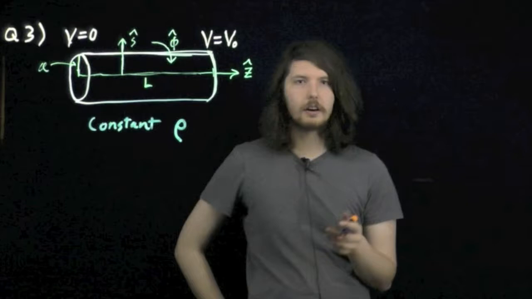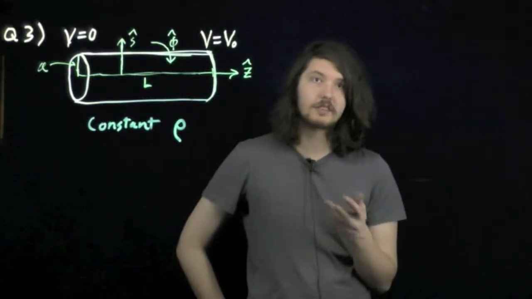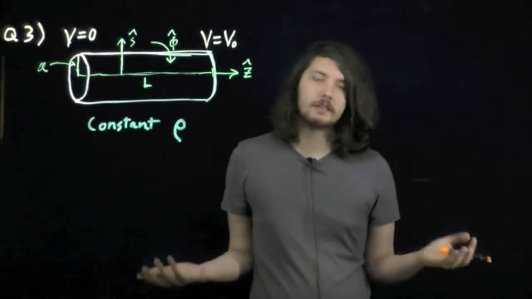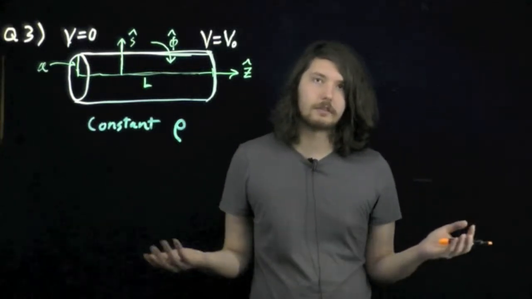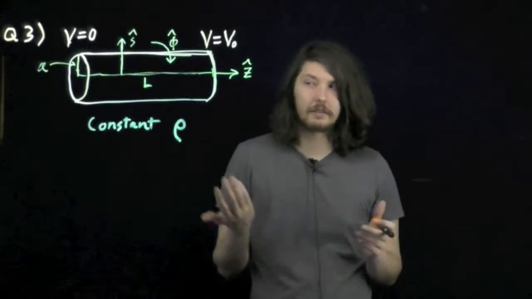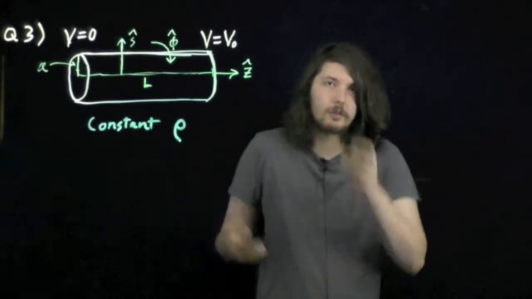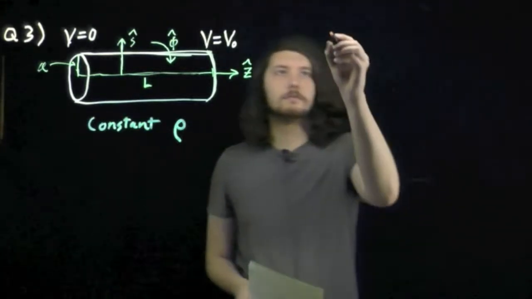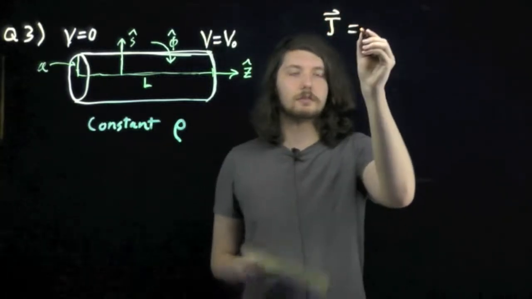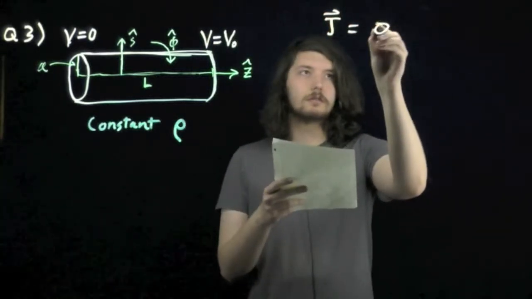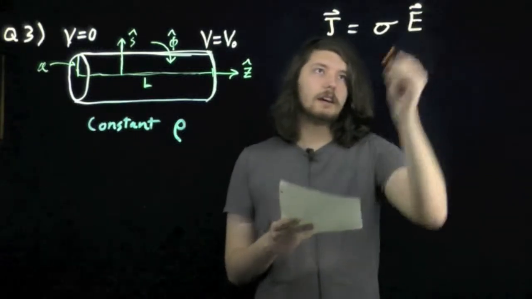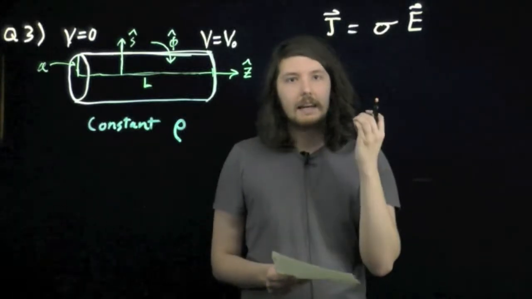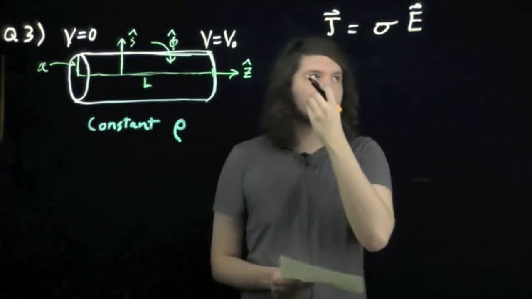Okay, so leaving off from where we last left off, I'm going to go through the second way you can solve this problem. Assuming you don't know what the definition of rho is, there's also another way of going about this problem that starts from the other form of Ohm's law, which is given as J is equal to sigma times E. Now, we know that sigma is by definition the inverse of resistivity.